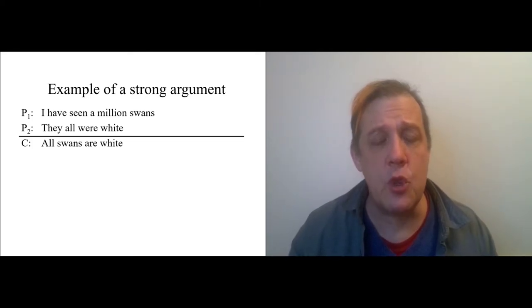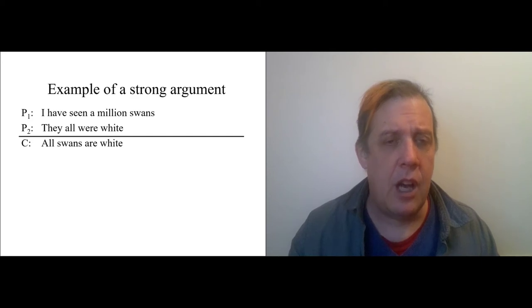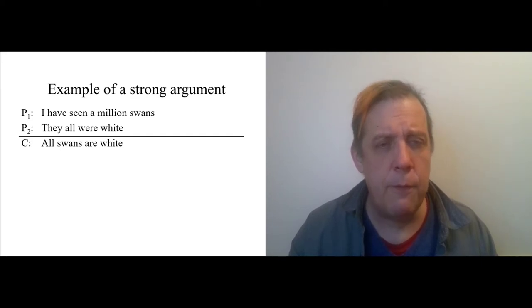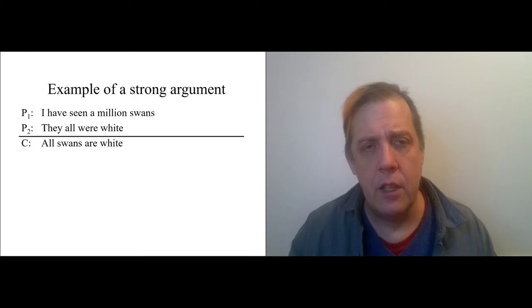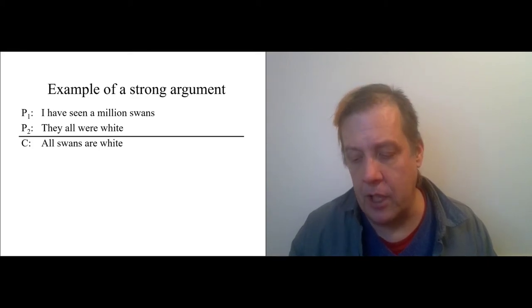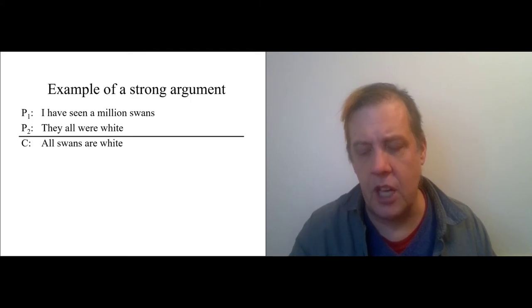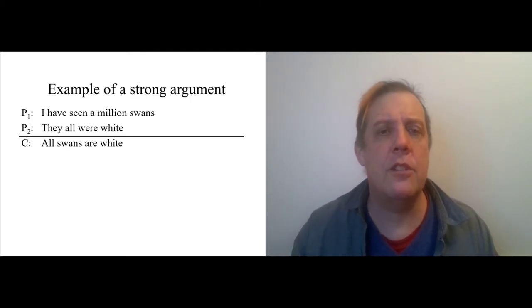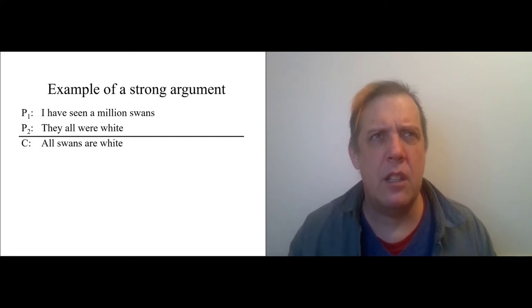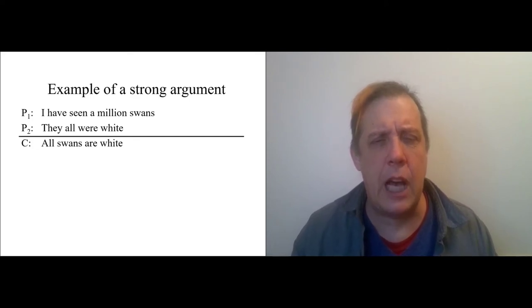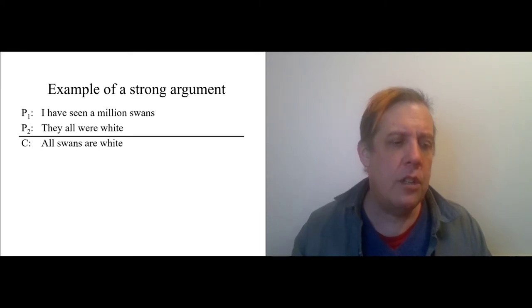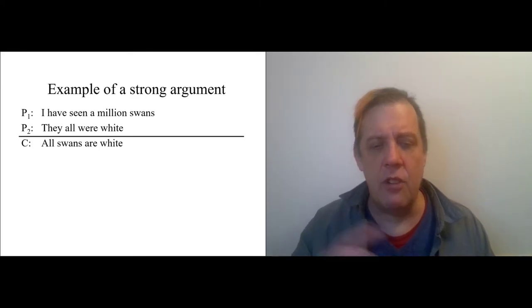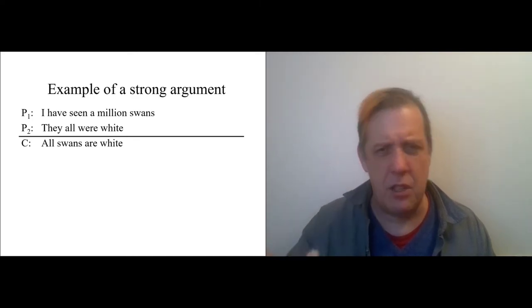Here's an example of a strong argument. I have seen 1,000,000 swans. They all are white. Therefore, all swans are white. This was an example of an induction for the longest time because in Europe, all the swans are white. And when a European, a Dutch guy, I think, finally got to Australia and saw a black swan, you had hundreds of years of this generalization, all swans are white.